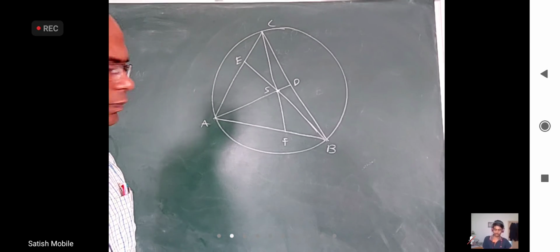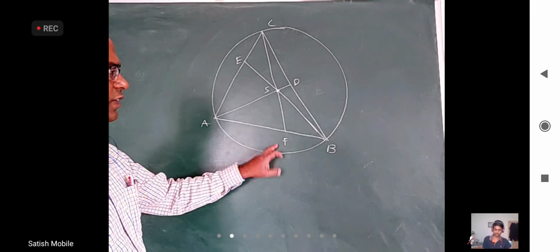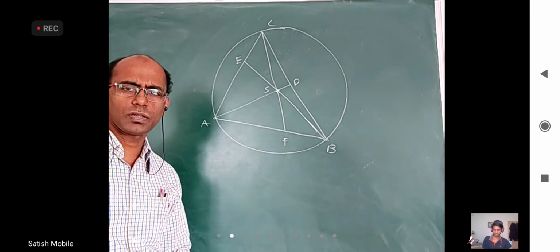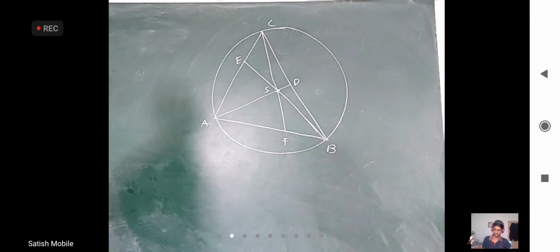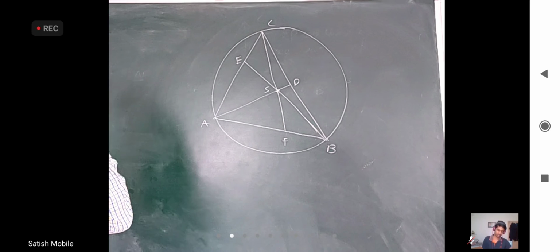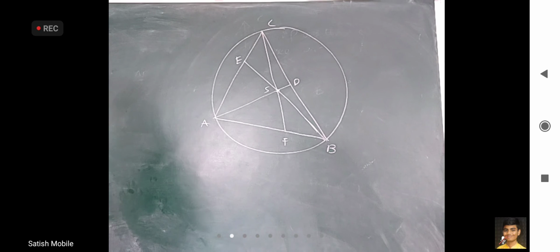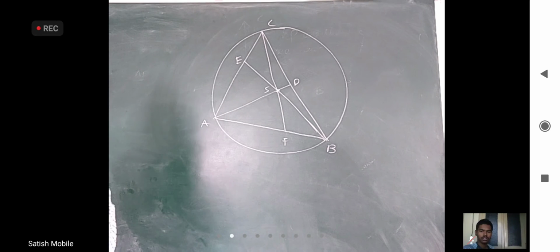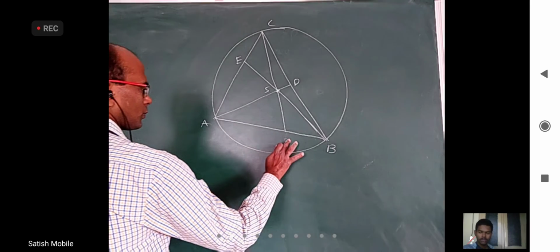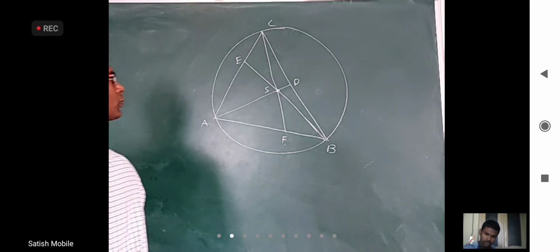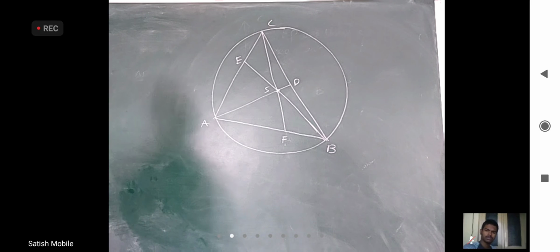Anybody want to give an idea based on properties of triangle or something? What is AF is to FB in terms of sine or cos or tan or small a or small b something? No, it changes. I think it's not a median or something. I think it is A cos A is to B cos B.